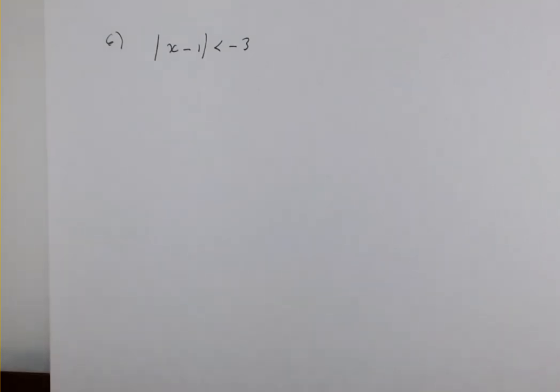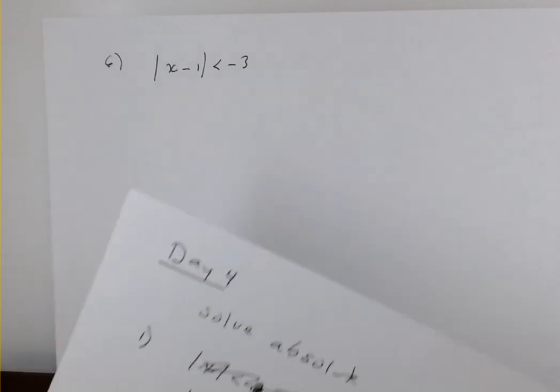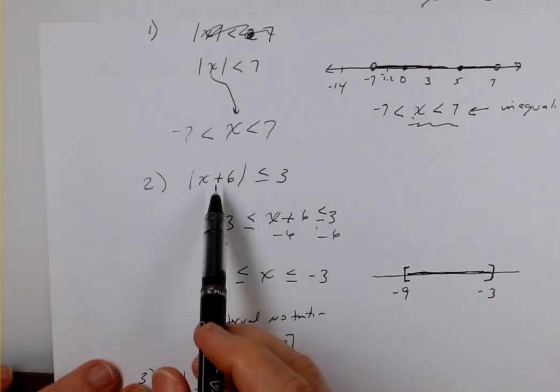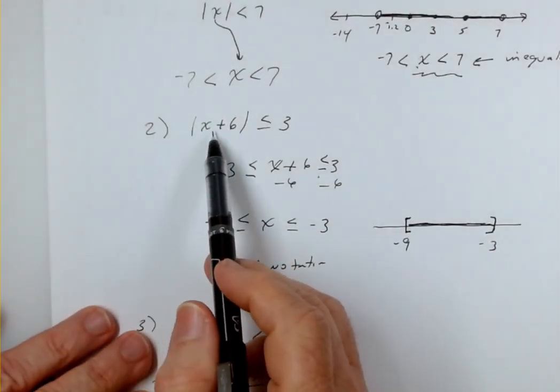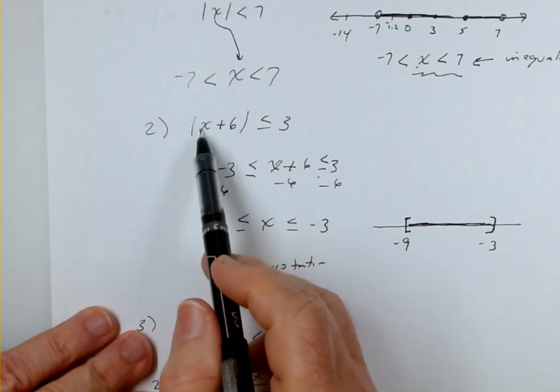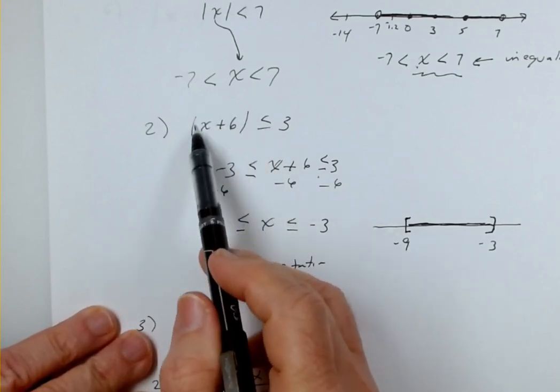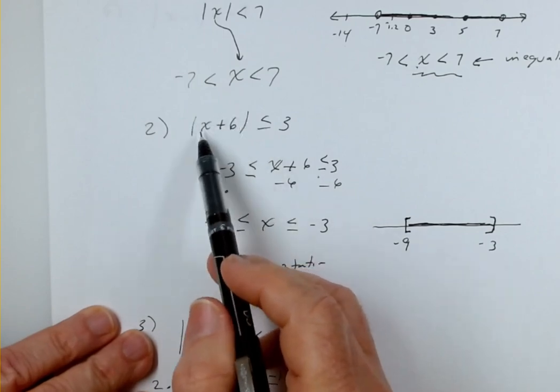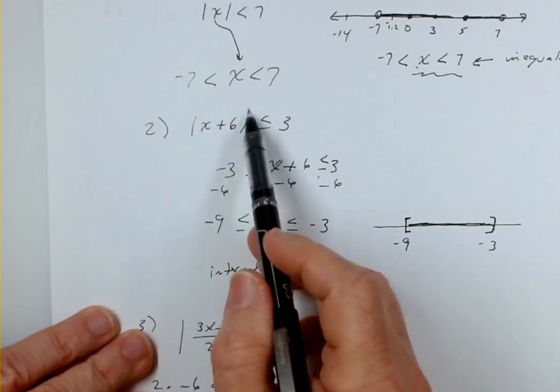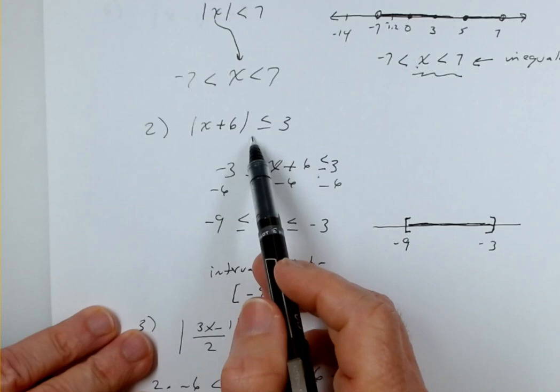When we looked at this example here, you ask yourself, is there a number for x such that this side, when I take the absolute value of it, is going to be less than or equal to 3?